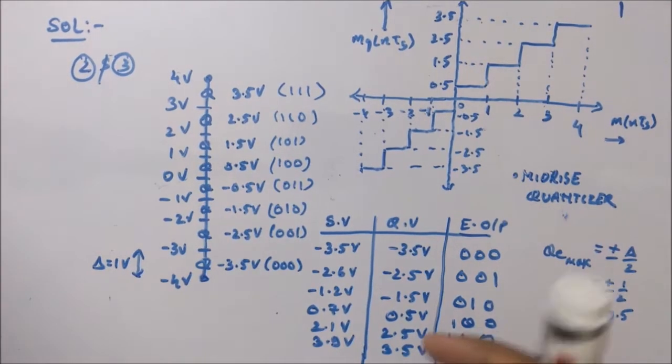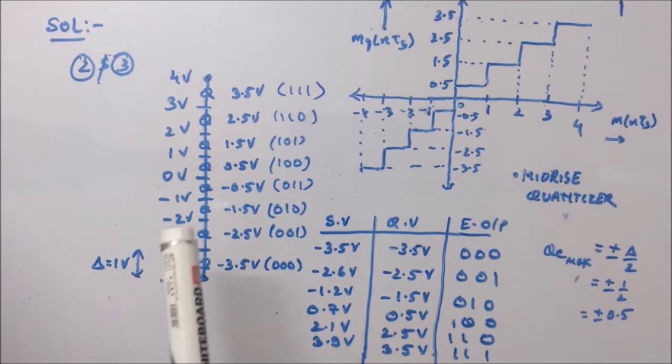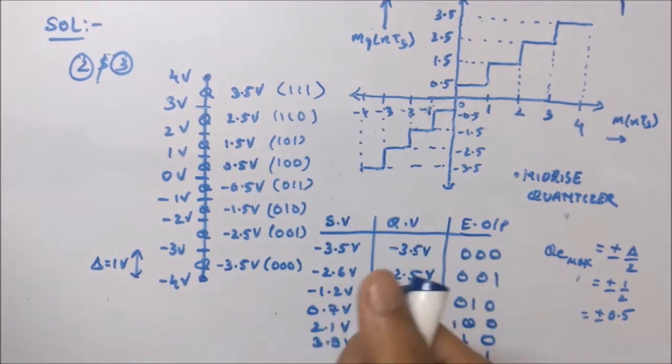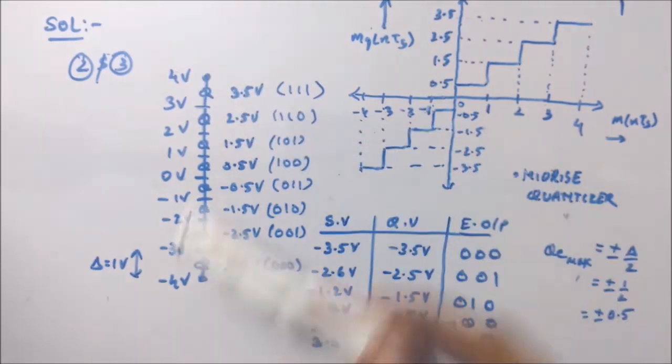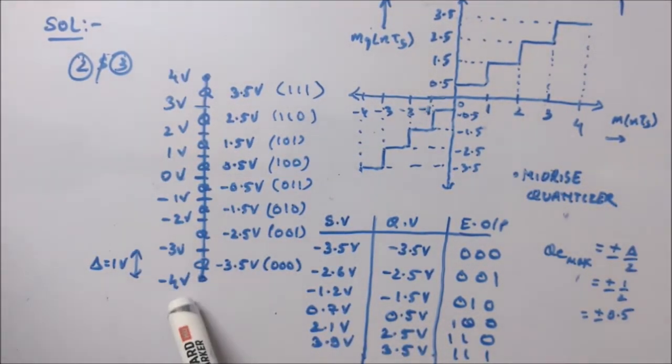Now we're going to look at the second and third part of the solution. Based upon the values we calculated in the first part, the amplitude range will be divided like this, from -4 to +4. You can see the maximum is +4 and the minimum is -4 volt, and we calculated L equal to 8.